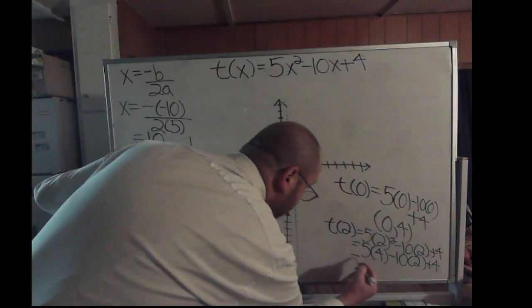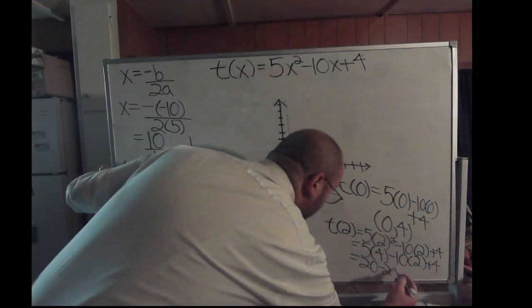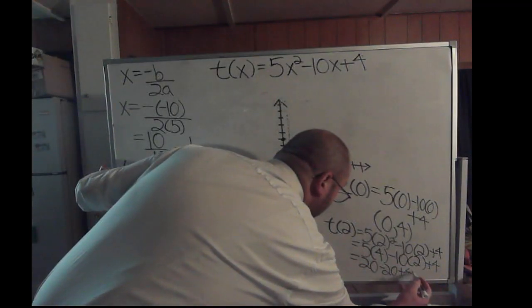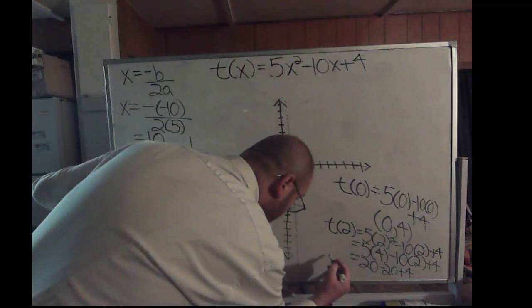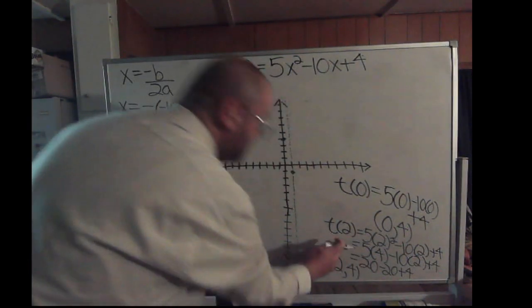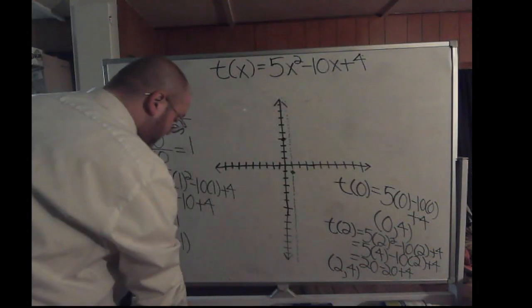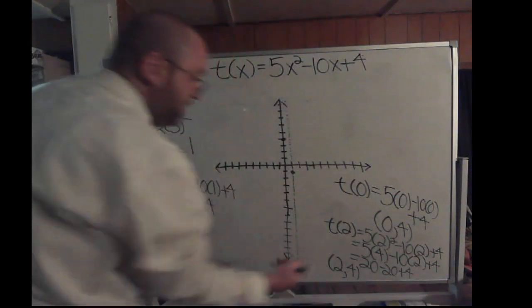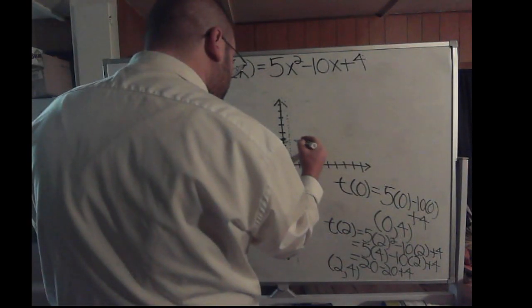Well, 5 times 4 is 20, minus 10 times 2 is 20, plus 4. Well, 20 minus 20 is 0, so you just get 4. So you get the point 2, 4. When x is 2, you get y is equal to 4. So the point 2, 4 is also a valid point.